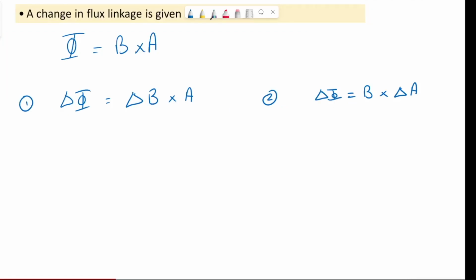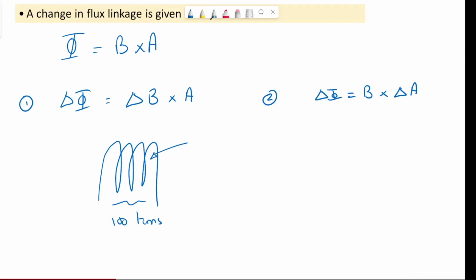Let's have a look at an example where we can apply this change in flux linkage. Consider a coil of 100 turns where the area of the coil is 0.2 square meters, and initially there is a flux density through the coil of 0.5 Teslas.